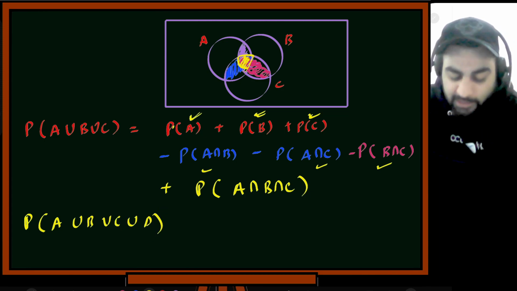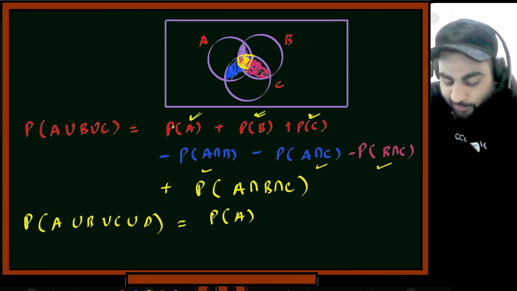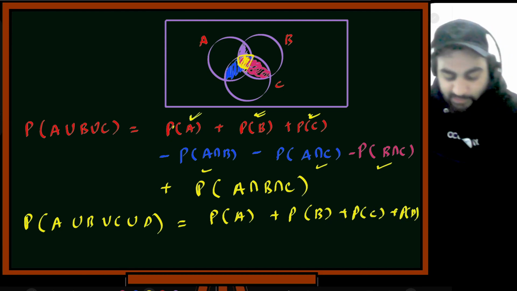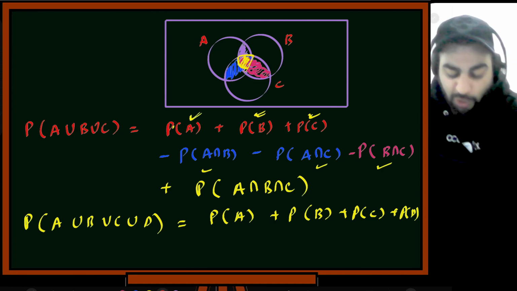So now how many combinations will be possible? This will be probability of A plus probability of B plus probability of C plus probability of D. Now we don't even need to look at the diagram. First you should add all the probabilities, then you should subtract the 2 terms. So how many 2 terms are possible?